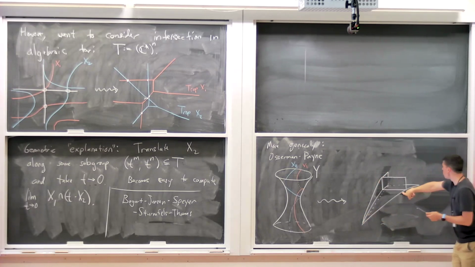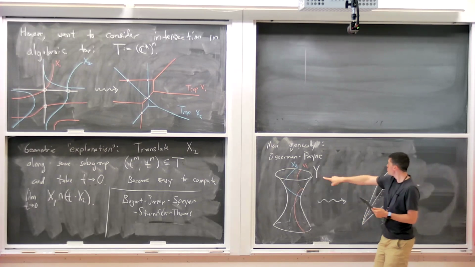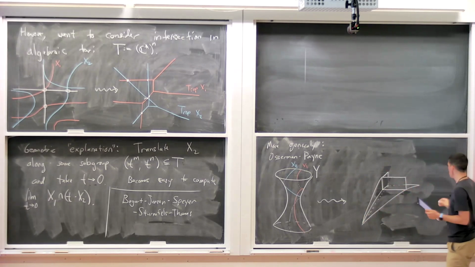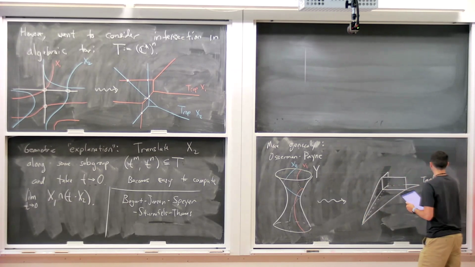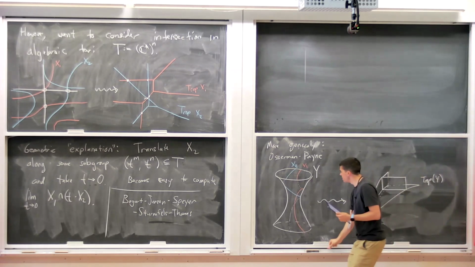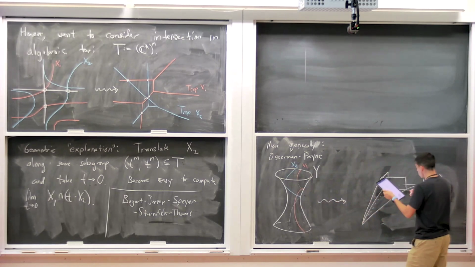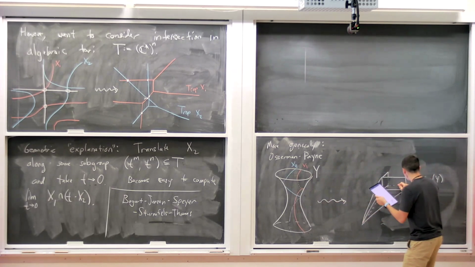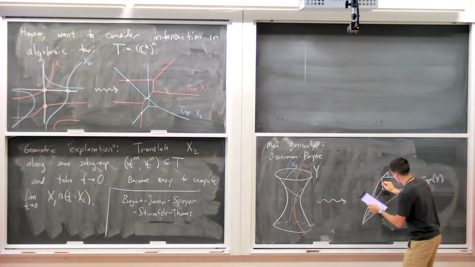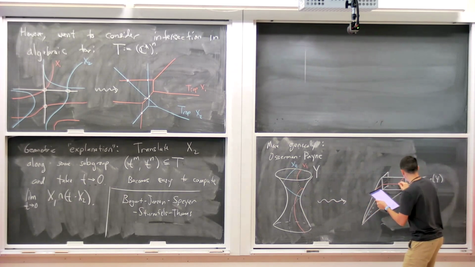Okay, so trop Y might look something like this. Y is two-dimensional, so we get a two-dimensional polyhedral complex as the tropicalization. And inside of it, this is an inclusion-preserving process, so we're going to get a couple of one-dimensional polyhedral complexes inside of here.